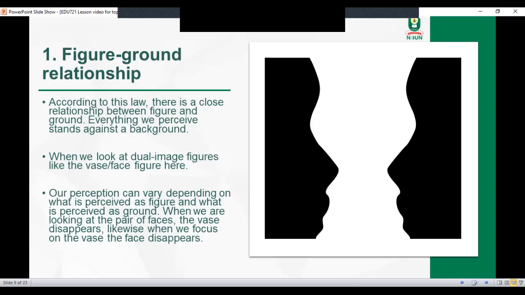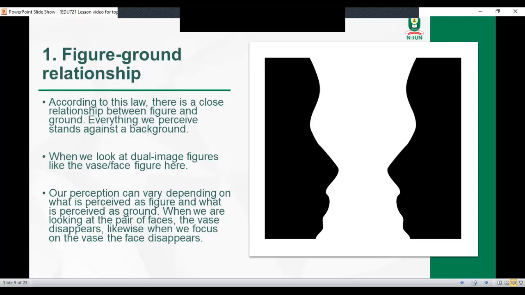So by looking at this image on the right, our perception can vary depending on what is perceived as figure and what is perceived as ground. If you are looking at the figure as a pair of faces, yeah, there are two there, the vase will automatically disappear.